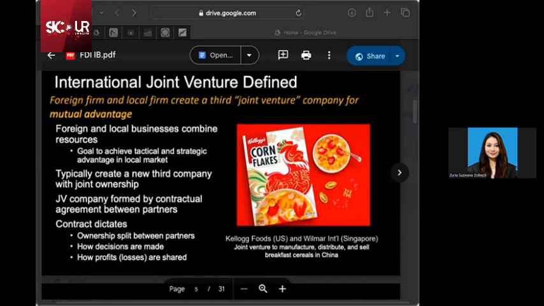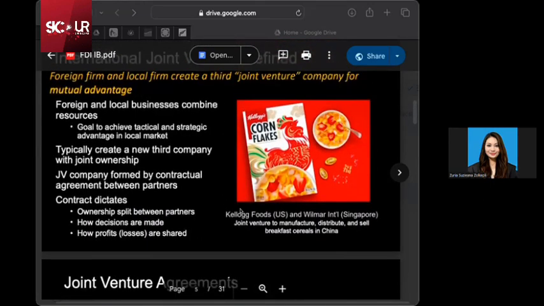So basically, this typically creates a new third company with joint ownership, because they want to combine resources. And the JV company is formed by contractual agreement between partners. So in this contract, they dictate the ownership split between partners, how decisions are made, and how profits and losses are shared.